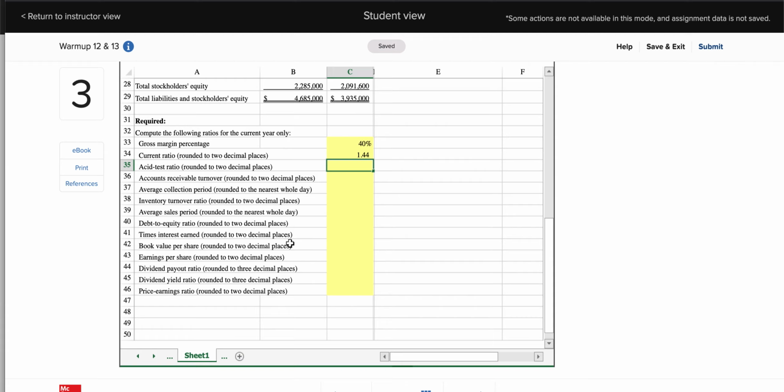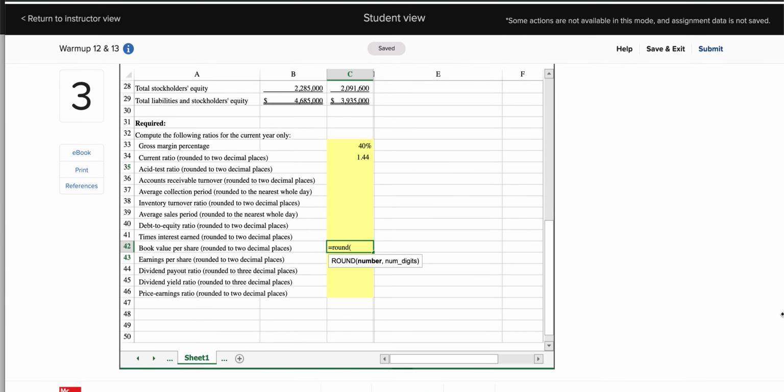I do want to go to... Where did we go here? I don't think we talked about the book value per share in Accounting 201, so I wanted to highlight that for you. Because we need it rounded, we want to go equals round parenthesis, and then we need to take a look at, let's see here, go back up top.